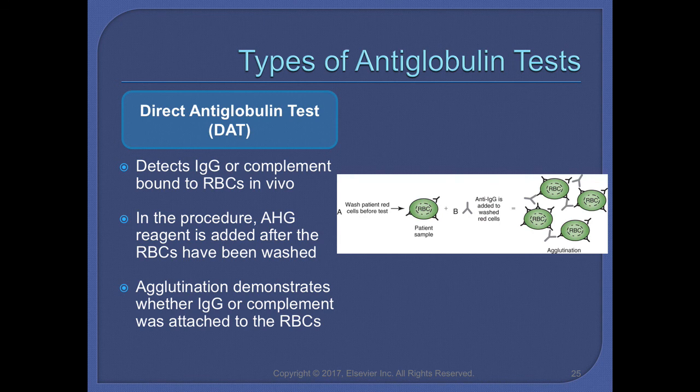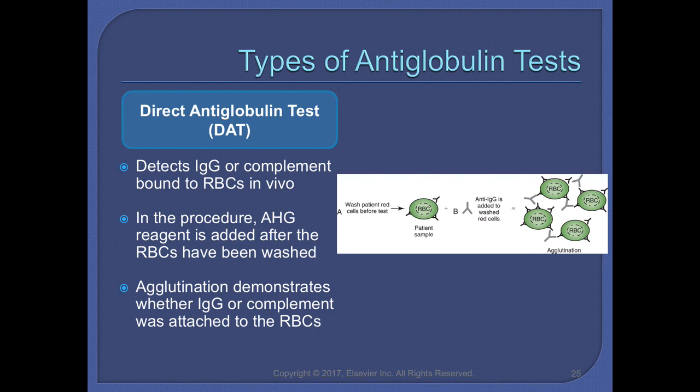In the procedure for the DAT, the anti-human globulin reagent is added only after the red blood cells have been washed. Agglutination demonstrates whether IgG or complement was attached to the red blood cells.